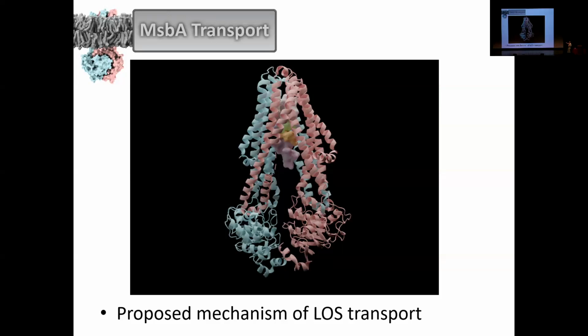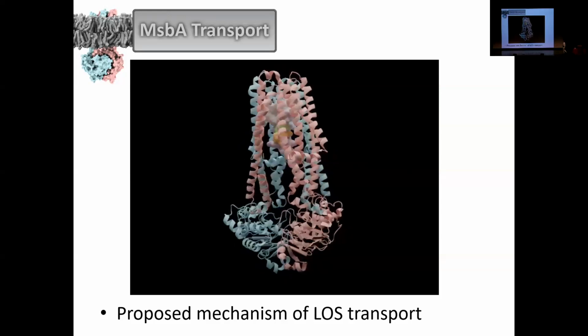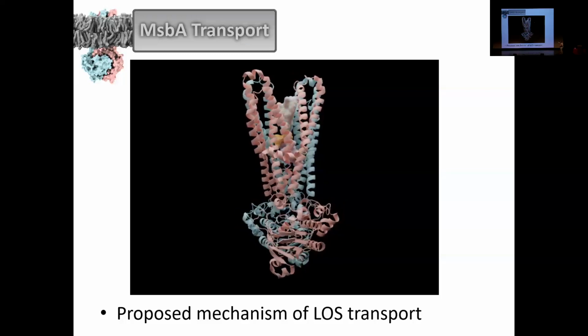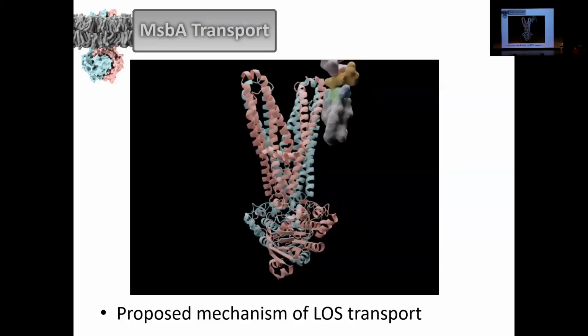And if you focus on the top up here, you're going to see the change in conformation. So now I'm going to hydrolyze ATP, and power this conformational change that enables that essential lipid or molecule to be transported to the other side of the bilayer, right?